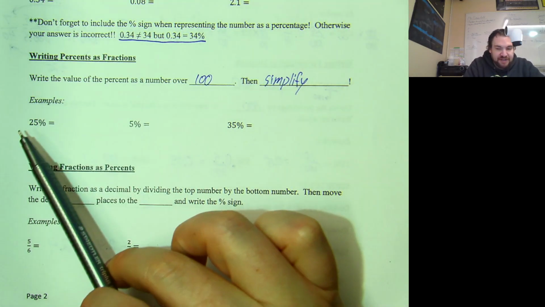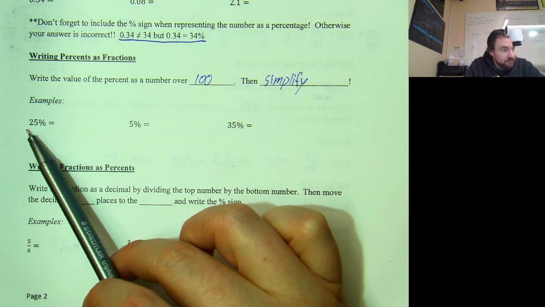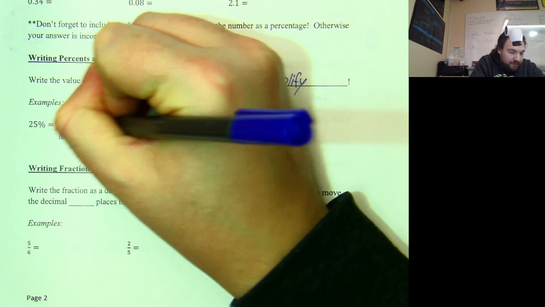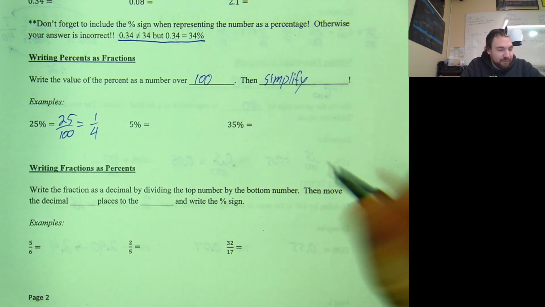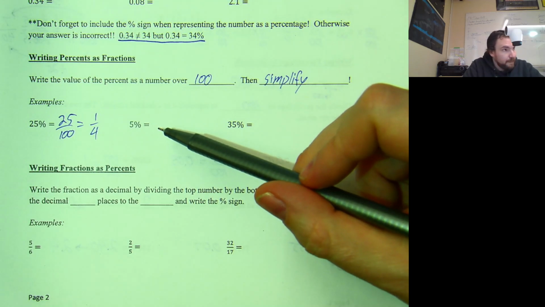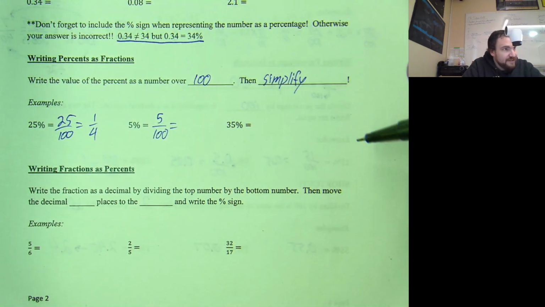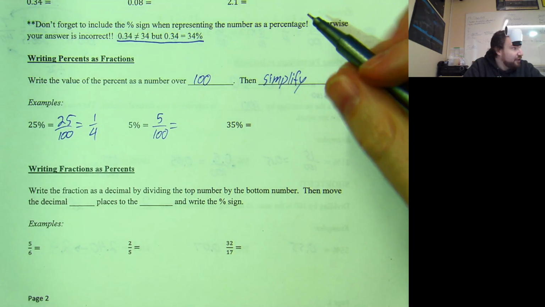So 25% is what as a fraction? 25 over 100, which is going to become 1/4, I heard. Cool. How about 5%? It's going to become 5 over 100. What is that as a reduced fraction? I divide top and bottom by? How'd you do that?